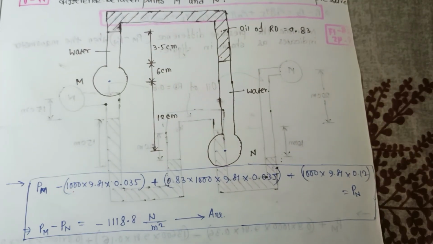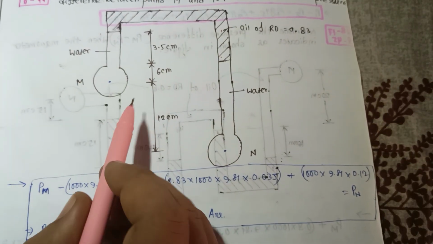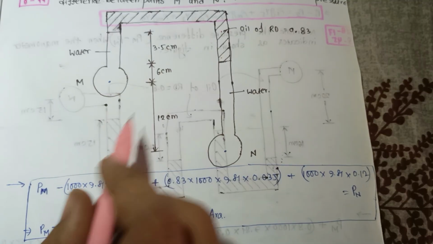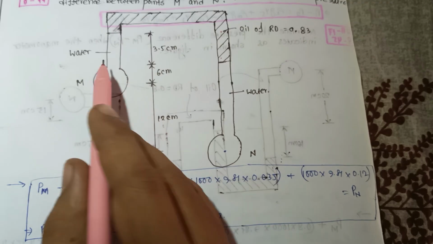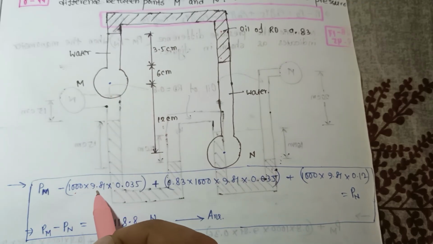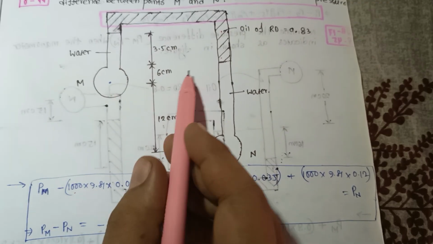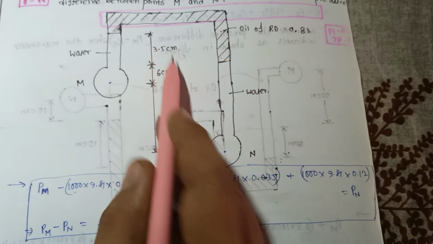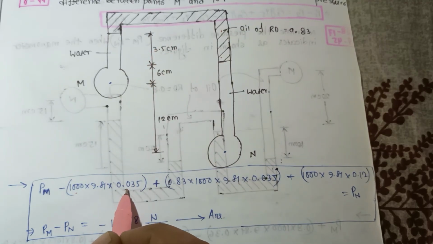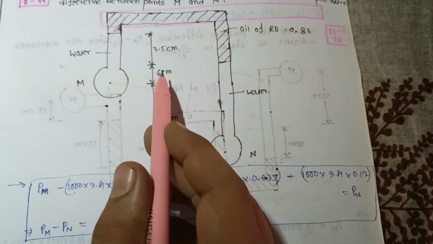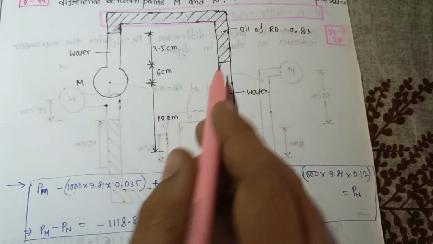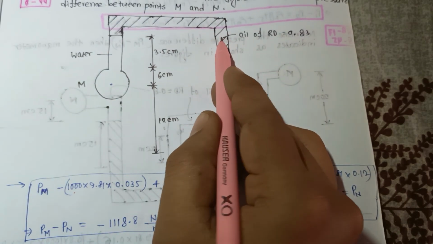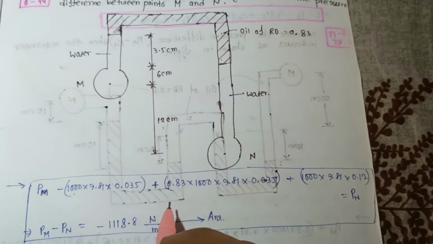Here the pressure at point M is PM. Now there is upside, so negative, so minus 1000 into 9.81 into 6 plus 3, 9.5 centimeters, so that will be 0.095 meter. There may be a correction, but it will be 0.095 meter. Next goes this point, and the downside direction means positive.